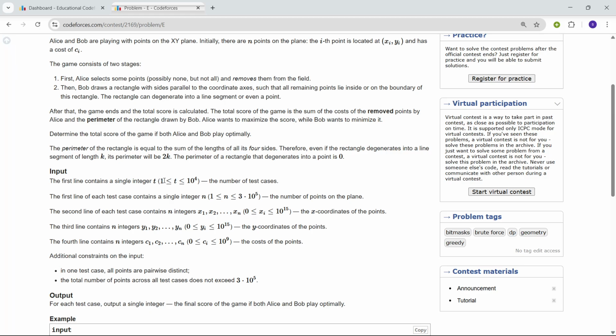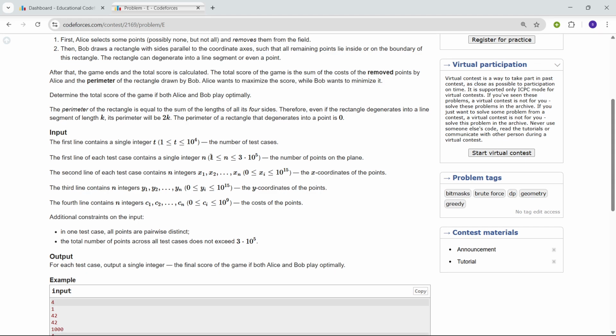These are some constraints on the upper bounds of different values. The maximum number of points can be 3 times 10 to the power 5, and the coordinates can be as big as 10 to the power 15 but will be greater than 0, so lying in the first quadrant.